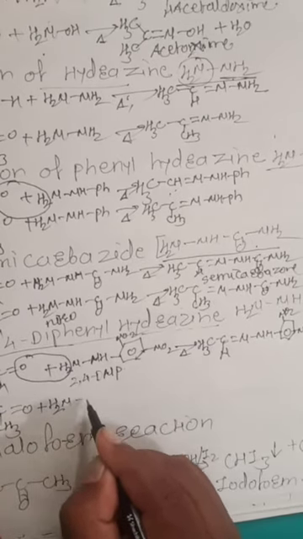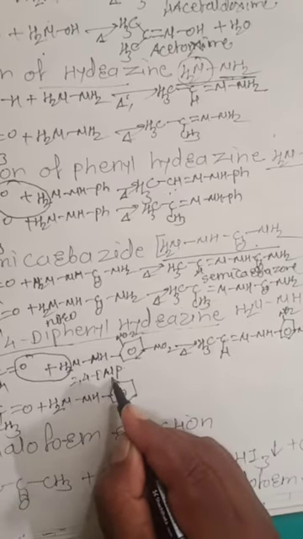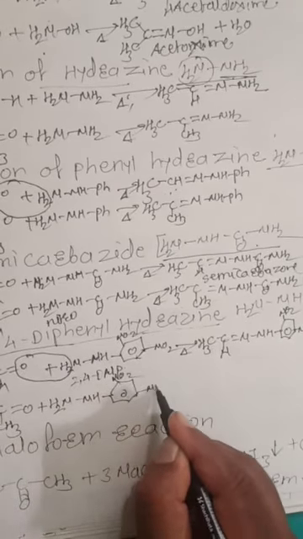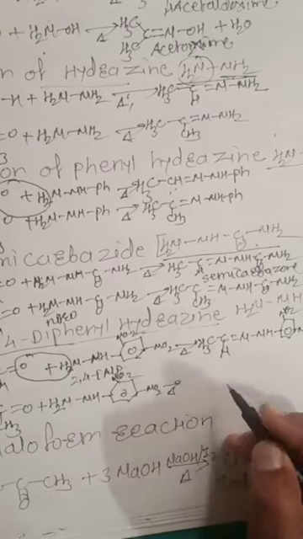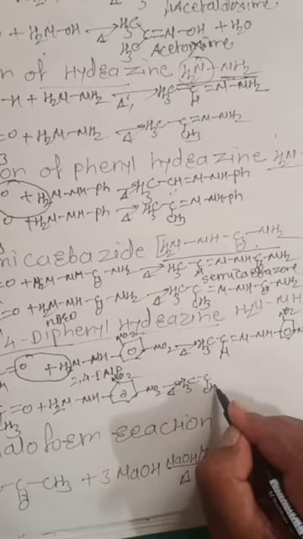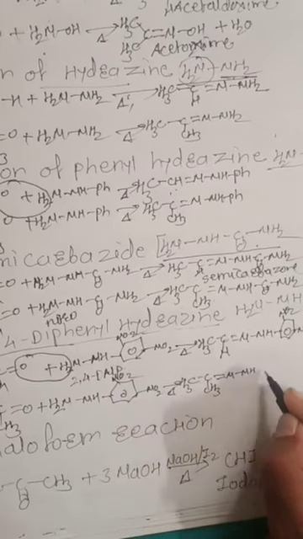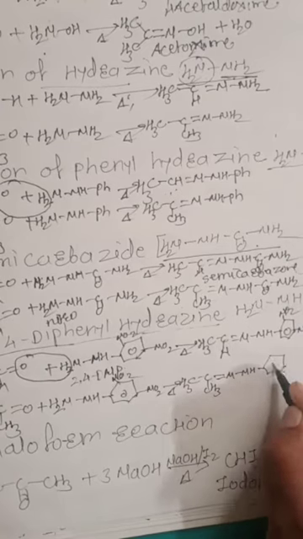2,4-dinitrophenylhydrazine and we get corresponding 2,4-dinitrophenylhydrazone of this ketone.